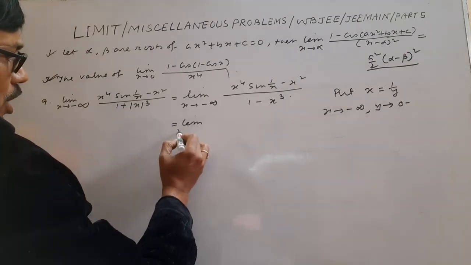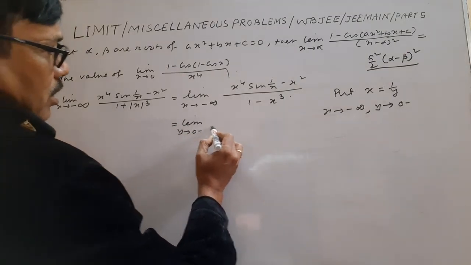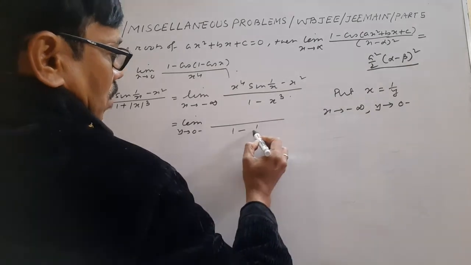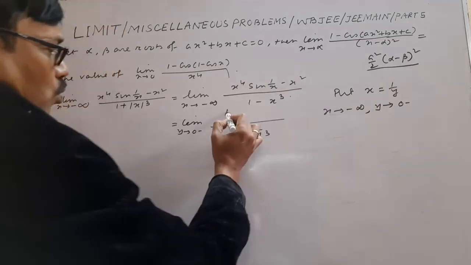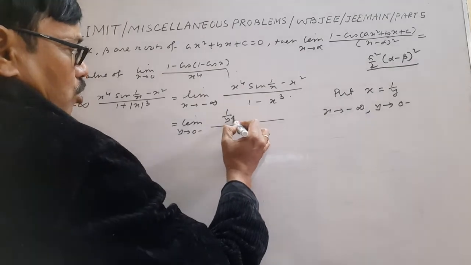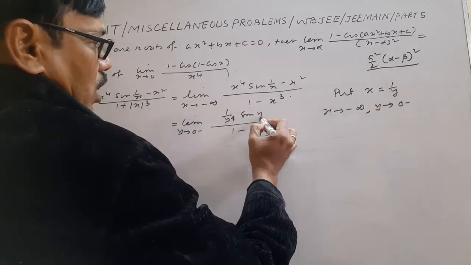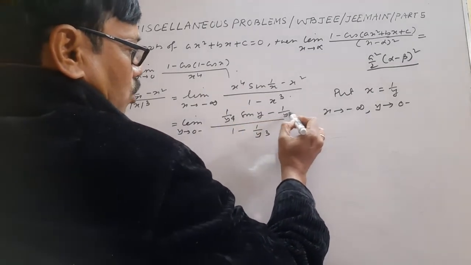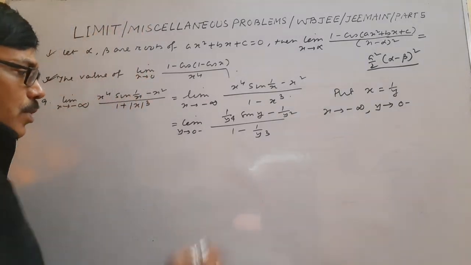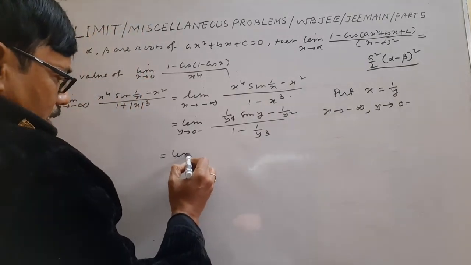So limit y tends to 0 minus of 1 by y cube, 1 by y to the power 4 sine y, minus 1 by y square. Now simplify.